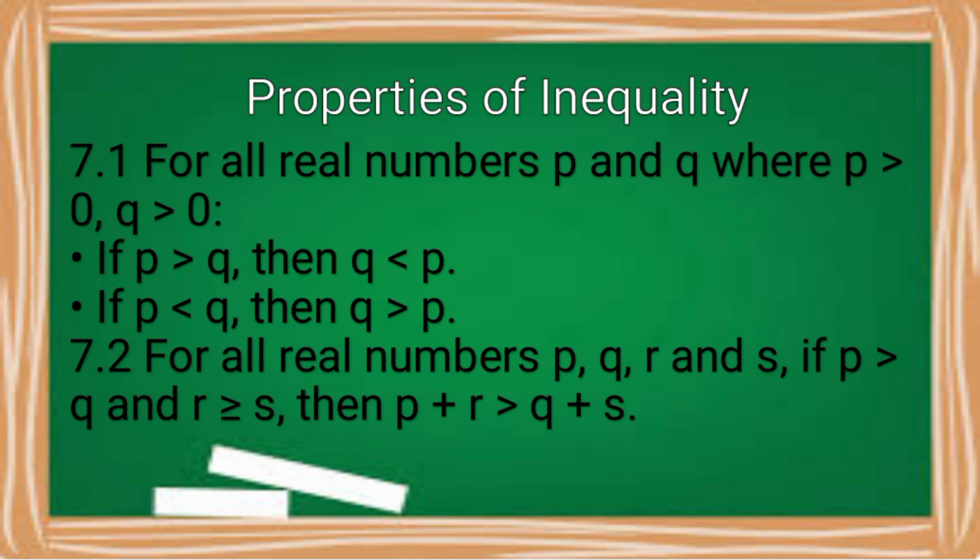If P is greater than Q, then Q is less than P. If P is less than Q, then Q is greater than P. So, for all real numbers P, Q, R, and S, if P is greater than Q and R is greater than or equal to S, then P plus R is greater than Q plus S. So, that's it.